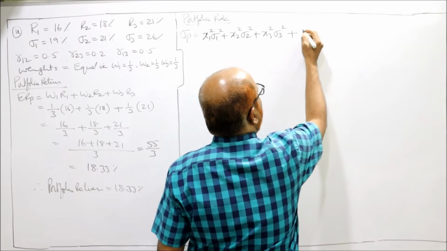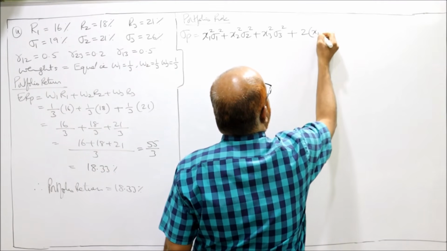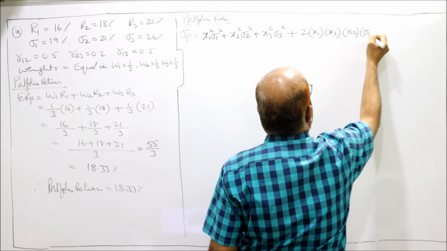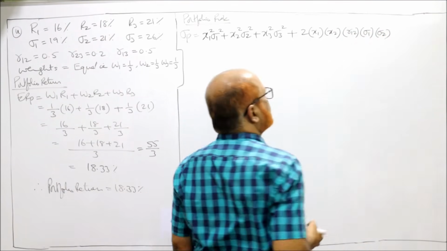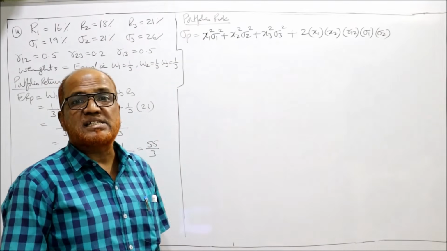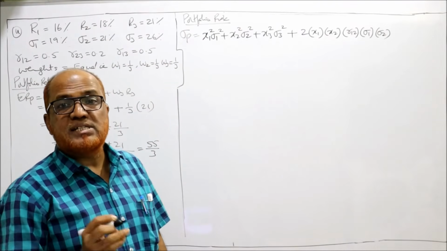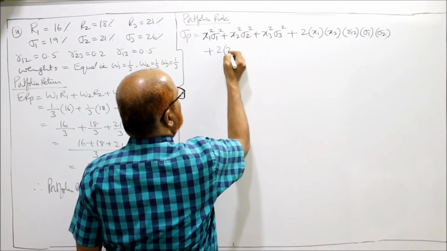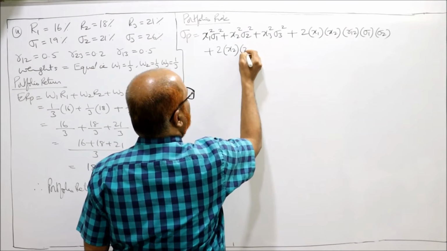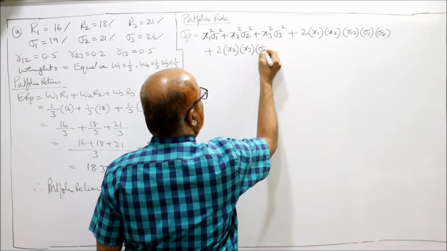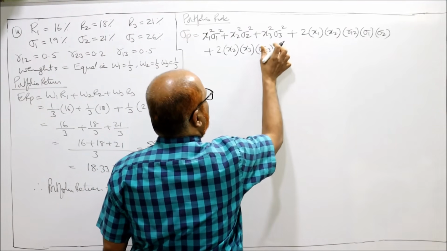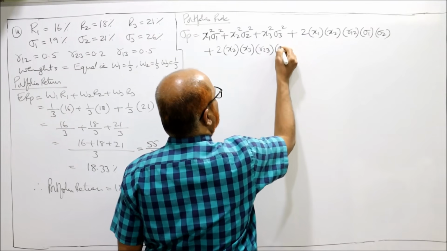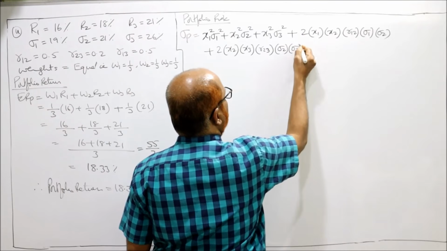तो पहले 1 and 2, 2 into x1 into x2 into r12 into sigma 1 into sigma 2. This is the combination we have taken for first and second. Now we take the combination for second and third, 2 and 3. So plus 2 into x2 into x3 into r23 into sigma 2 into sigma 3.